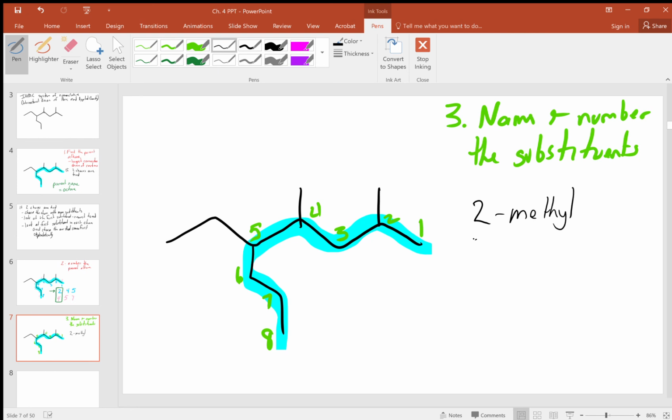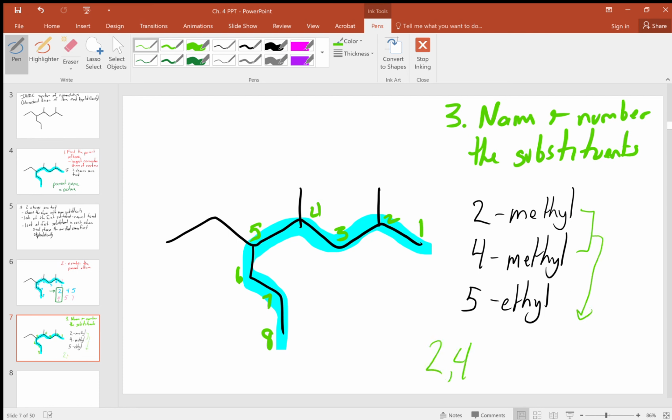On the fourth carbon, we have a 1 carbon substituent, which is a methyl. And on the fifth carbon, we have a 2 carbon substituent, which is an ethyl. Now, anytime we have 2 of the same substituent, whether or not they're on the same carbon, such as these 2 methyls, we can combine them.